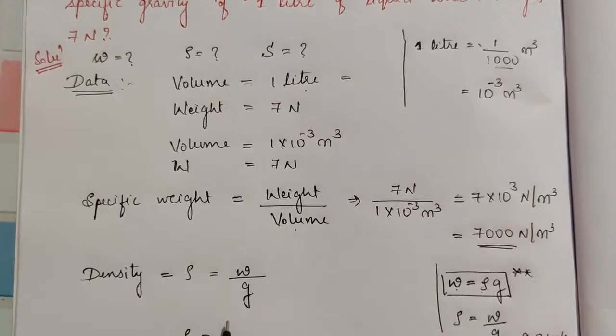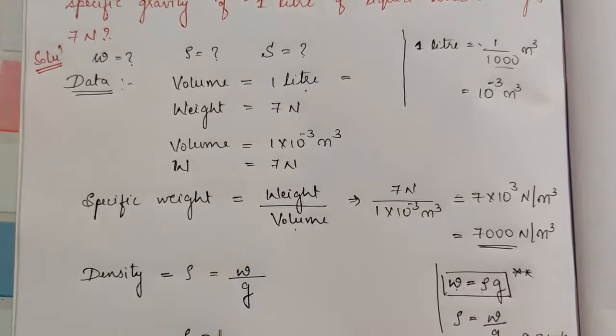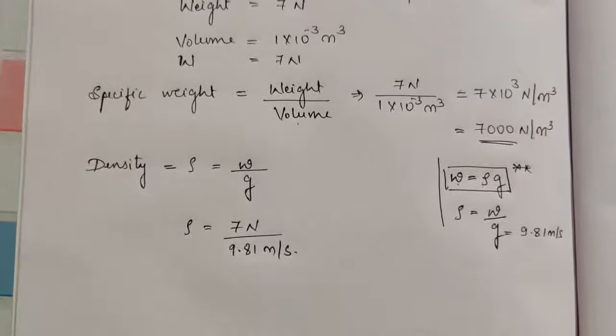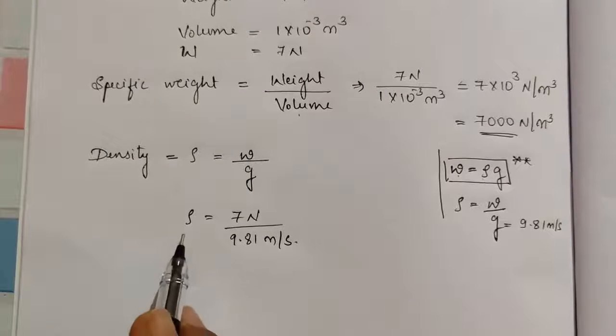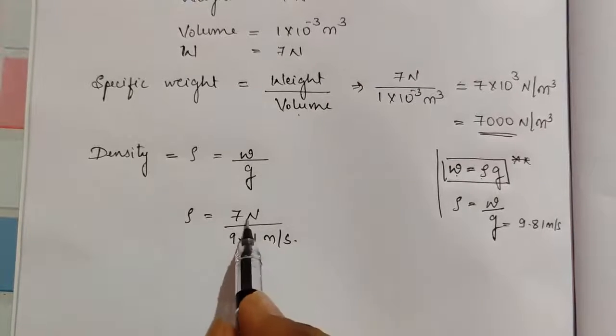So now density, what is weight? It is 7 Newton. Before converting, I'll write down 7 Newton divided by 9.81 meter per second squared. But our density's unit is kg per meter cube.